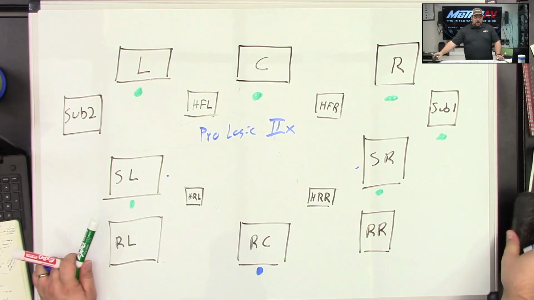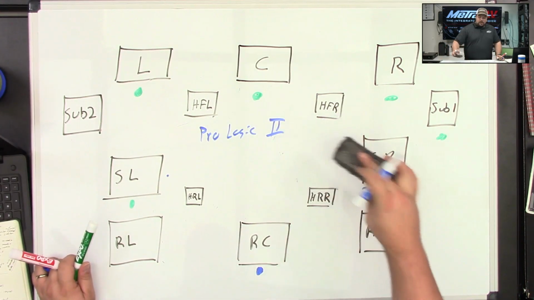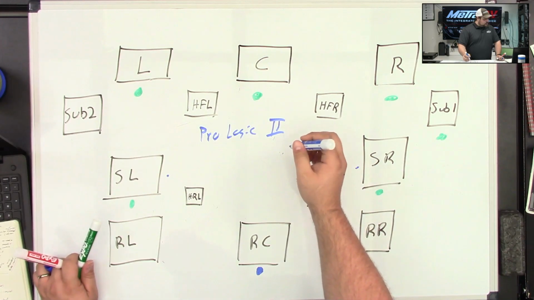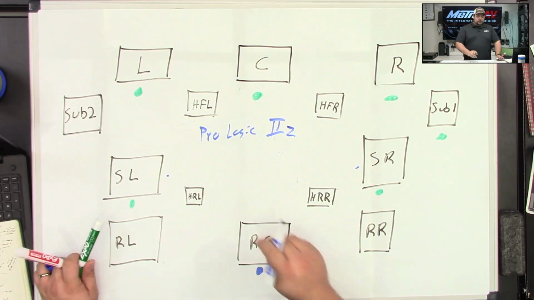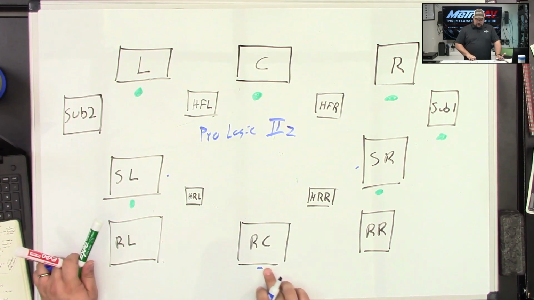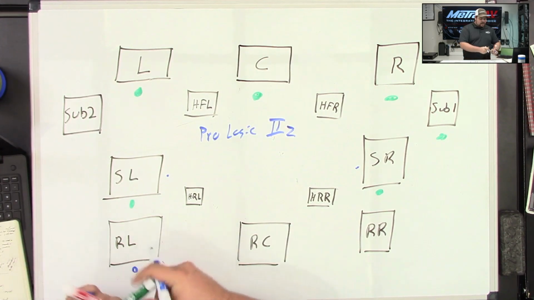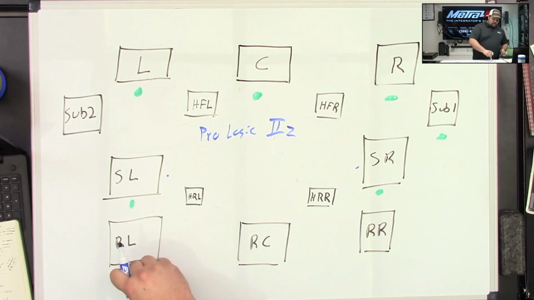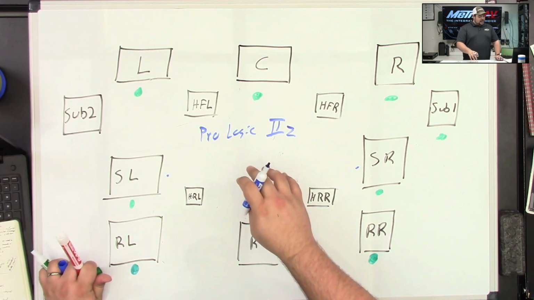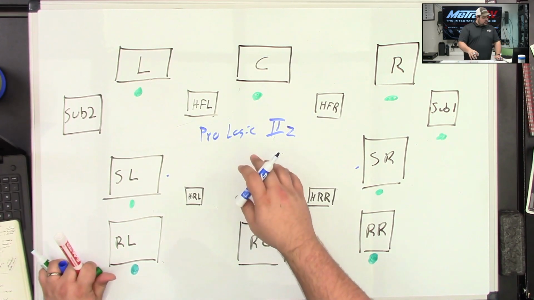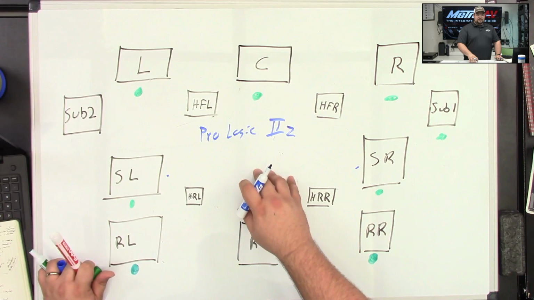With that, instead of Dolby Pro Logic 2X, we're using 2Z. Okay? So with Pro Logic 2Z, we're given a 7.1 audio, and we're going to convert it into 9.1 or higher, right?